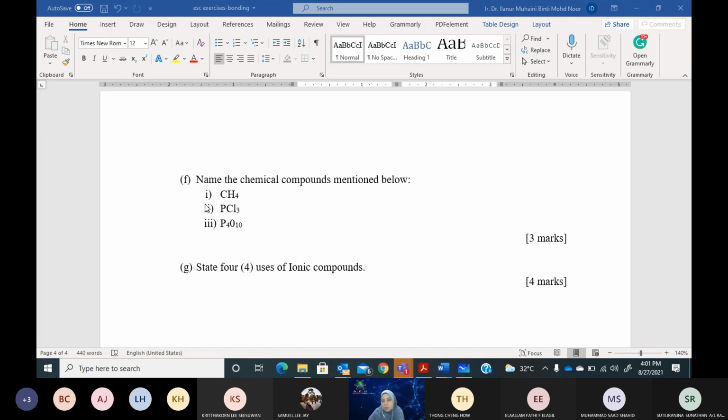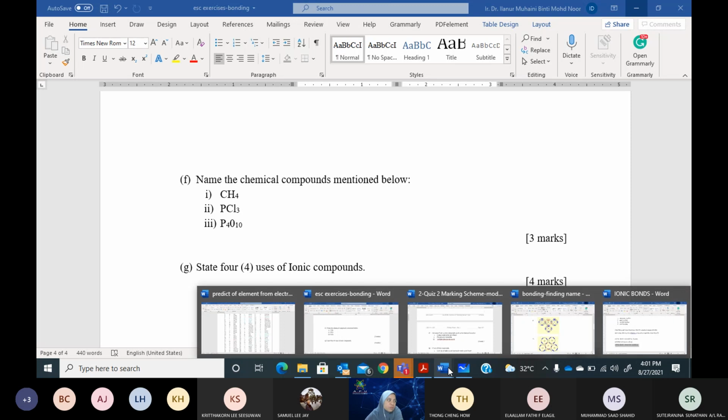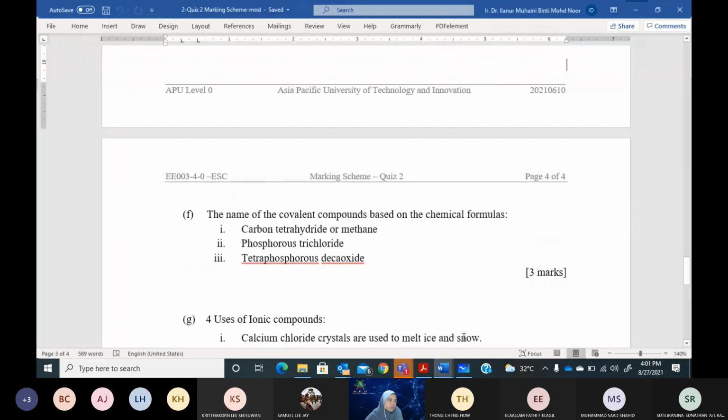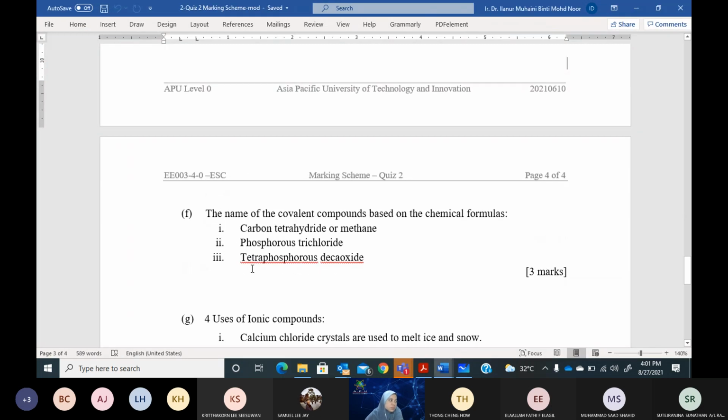P4 O10. For Q3 it can be simplified. P4 O10, the name is tetraphosphorus decaoxide. For the 10 we call deca.